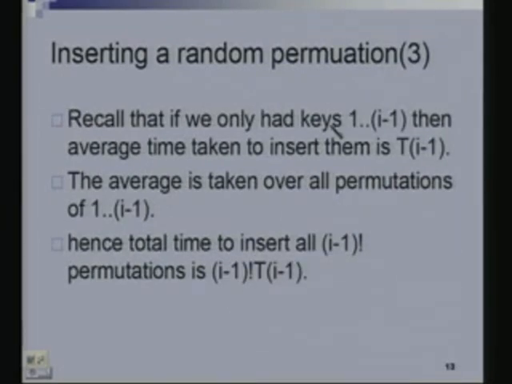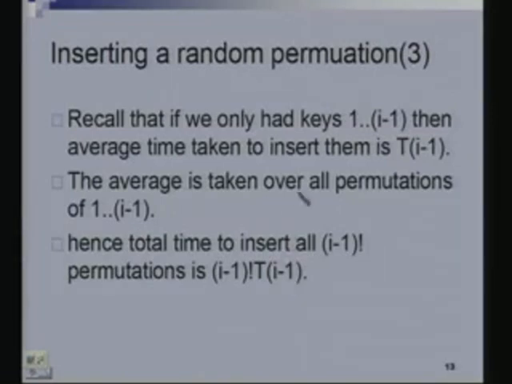Okay. So, suppose I had only I minus 1 keys, 1 through I minus 1. Then the average time taken to insert these keys is T of I minus 1. This is what we define T of n as. This average is taken over all the permutations of 1 through I minus 1. So, the time taken to insert all these I minus 1 factorial permutations is just I minus 1 factorial into T of I minus 1.